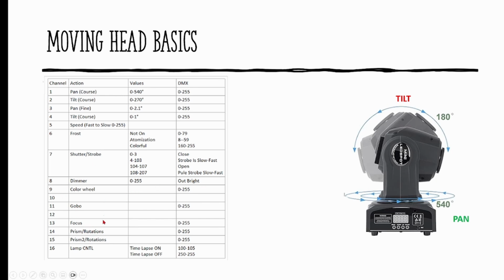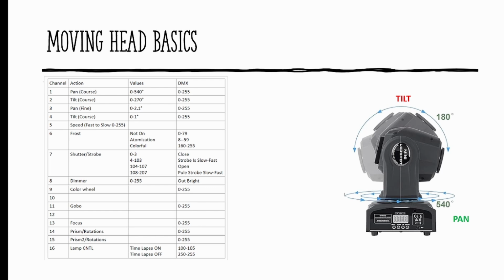Gobos, focus, prism, we're going to ignore for the purposes of this video, as those are specialty features, and they're all going to be different depending on the moving head. And typically, in the use we have for moving heads in sequences or in our displays, you're not going to see that. The beam of light that you're shining in the air, unless you're on a cloud layer or it's very, very foggy, prism effects and the gobo effects are very, very difficult to see.